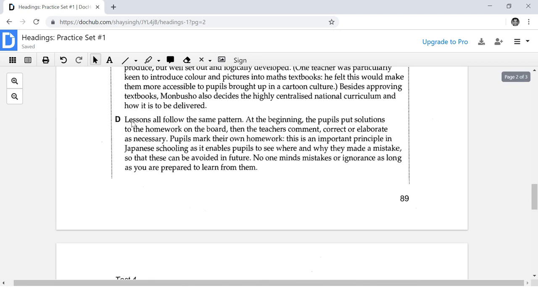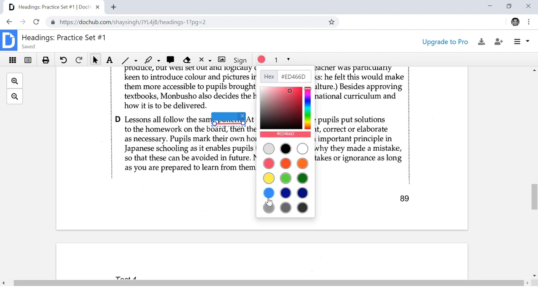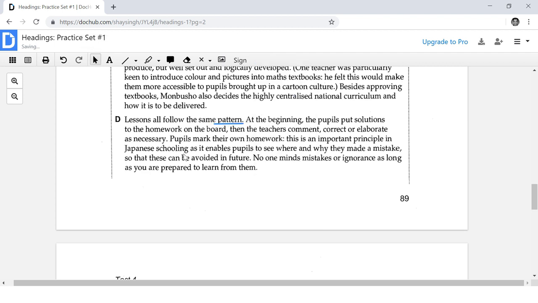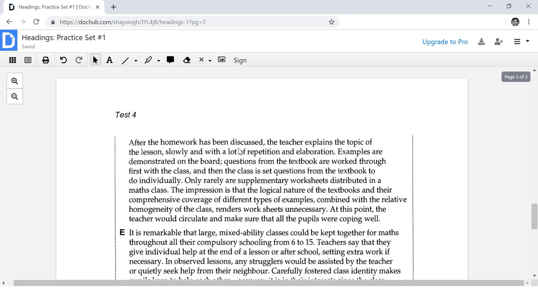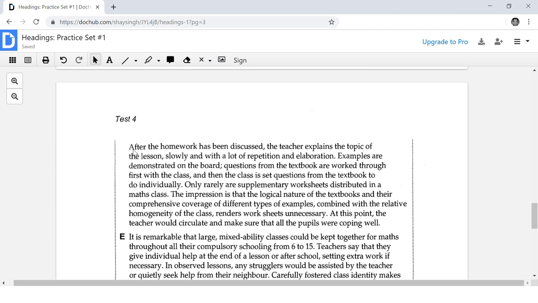So here we go. Lessons all follow the same pattern. Okay, so pattern is the key word. It's basically going to talk about the pattern in which the lessons are organized. The whole paragraph here is going to talk about the pattern of teaching. Let's move on to our second paragraph. After the homework has been discussed, the teacher explains the topic of the lesson slowly and with a lot of repetition and elaboration.